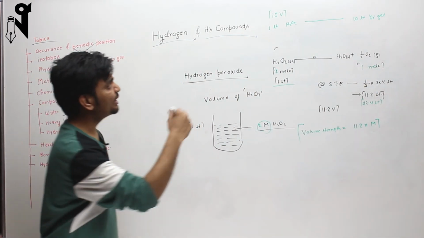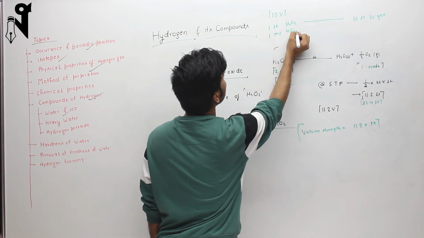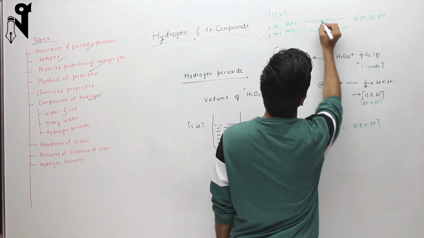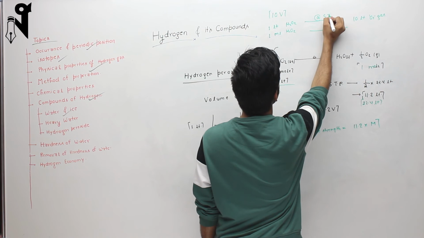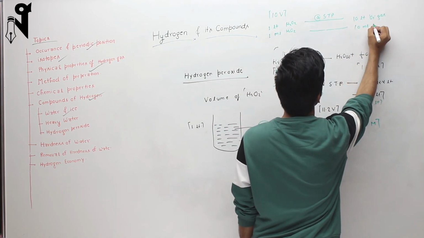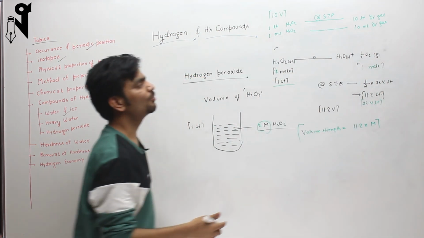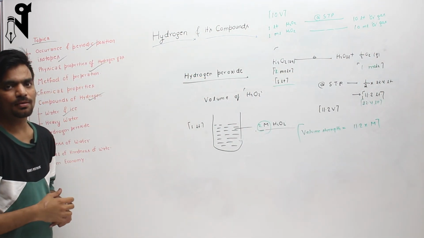You can also write it as 1 ml of H2O2, at STP, these calculations are at STP, will give you 10 ml of O2 gas, or 10 cubic centimeter of O2 gas.